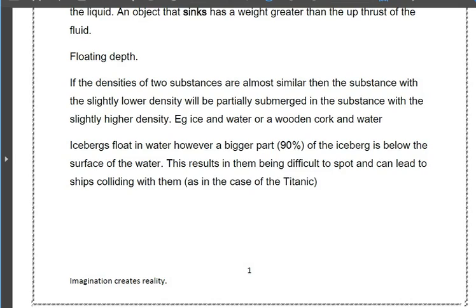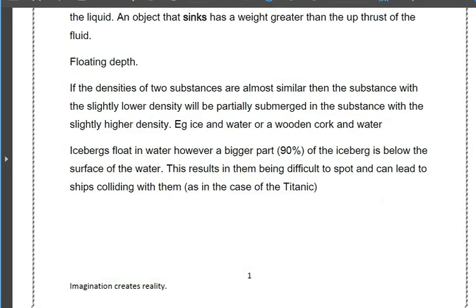The cork is much less dense than the ice, so a bigger part of the cork will be above the water. Whereas the ice, because its density is almost similar to that of the water, is almost completely submerged, but it does not sink.